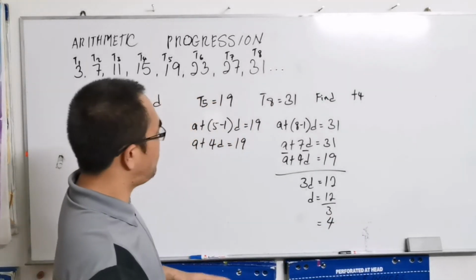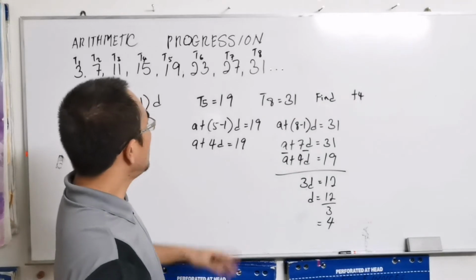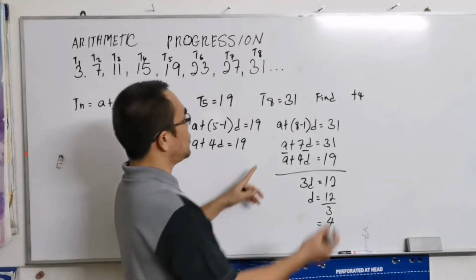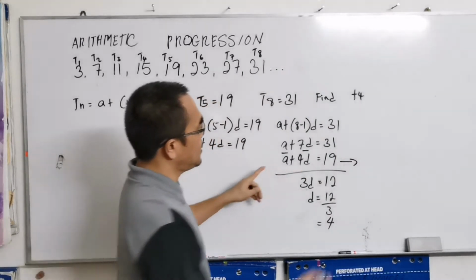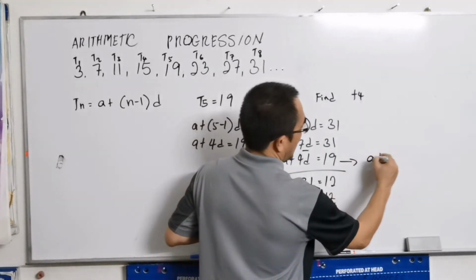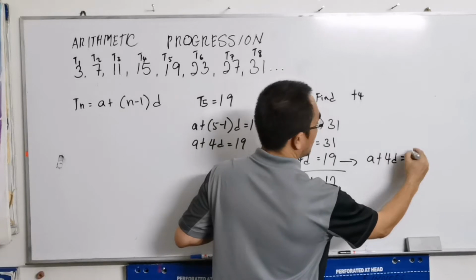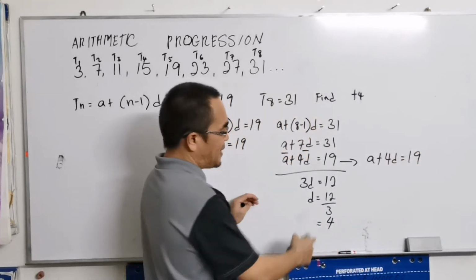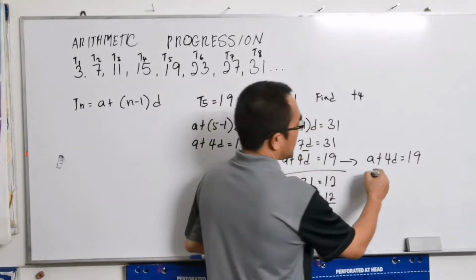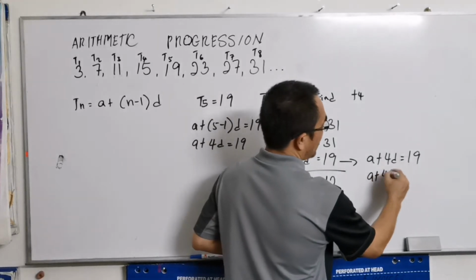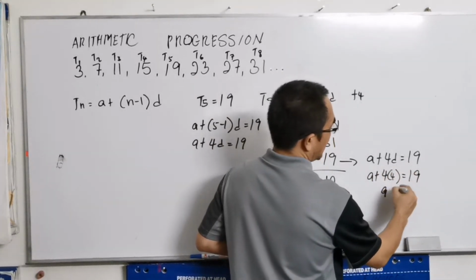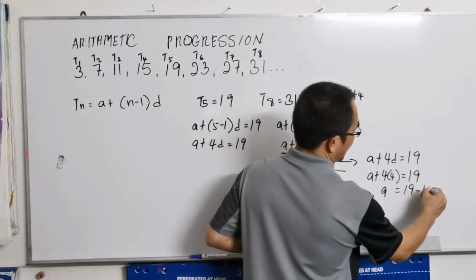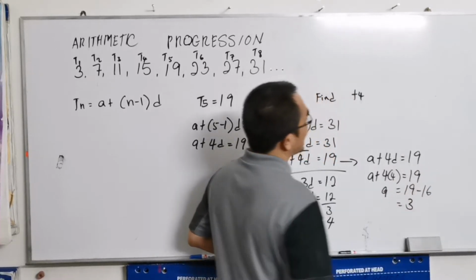So once you get D equals 4, you have to find A. I select this equation, A plus 4D equals 19, and replace D as 4. So A plus 4 times 4 equals 19. A equals 19 minus 16, so you get 3.